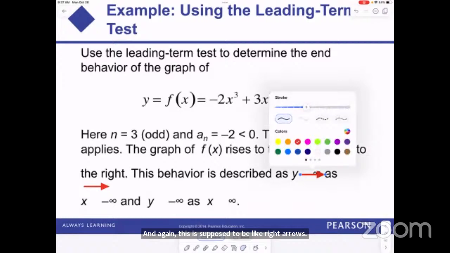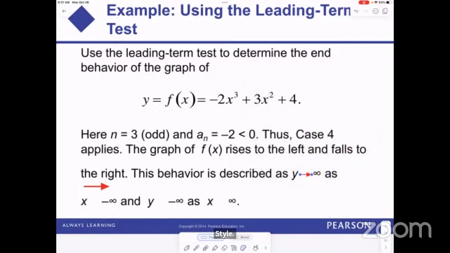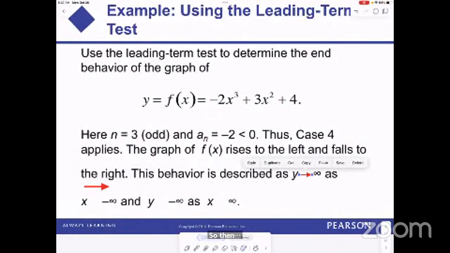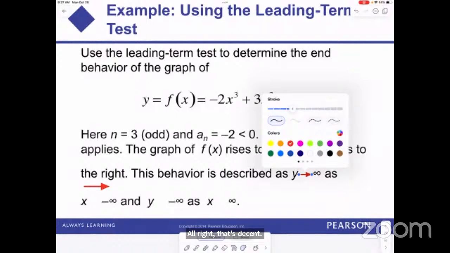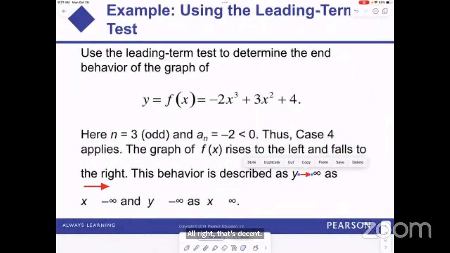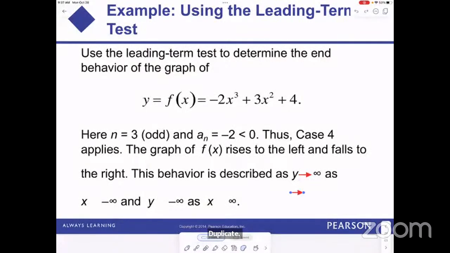Make it down some, too thin. All right, that's decent. Precision. Style. Okay. Duplicate. Delete. Undo. Yeah. Duplicate.